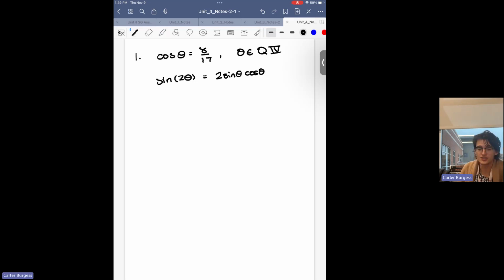Now, I already know what cosine of theta is. Cosine of theta is just 8 over 17. How can I find sine of theta? What does cosine of theta being equal to 8 over 17 tell me? Adjacent is 8. Hypotenuse is 17. And what did we say is the opposite that goes alongside these ratios? 15.